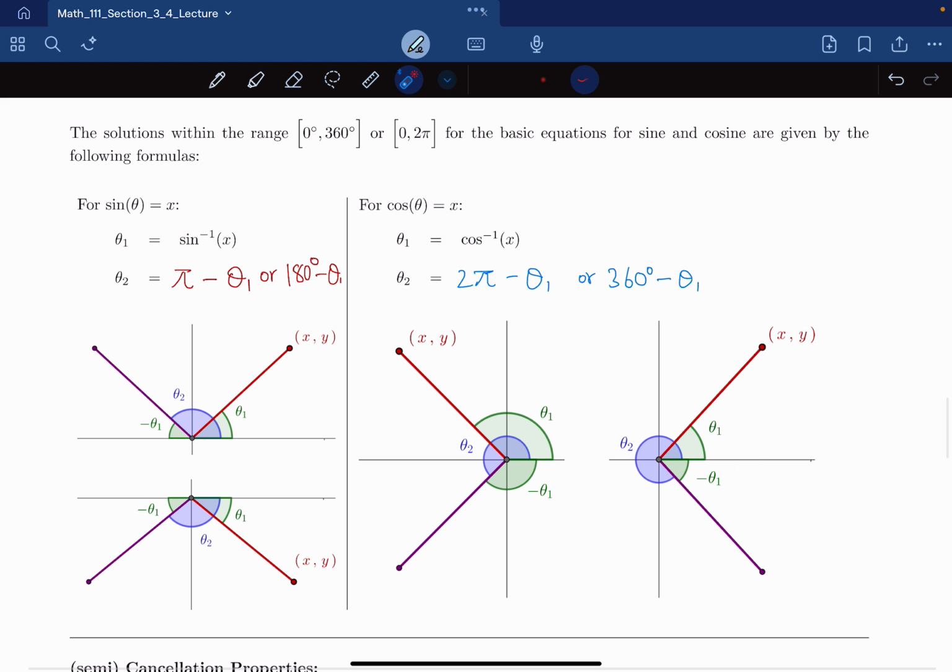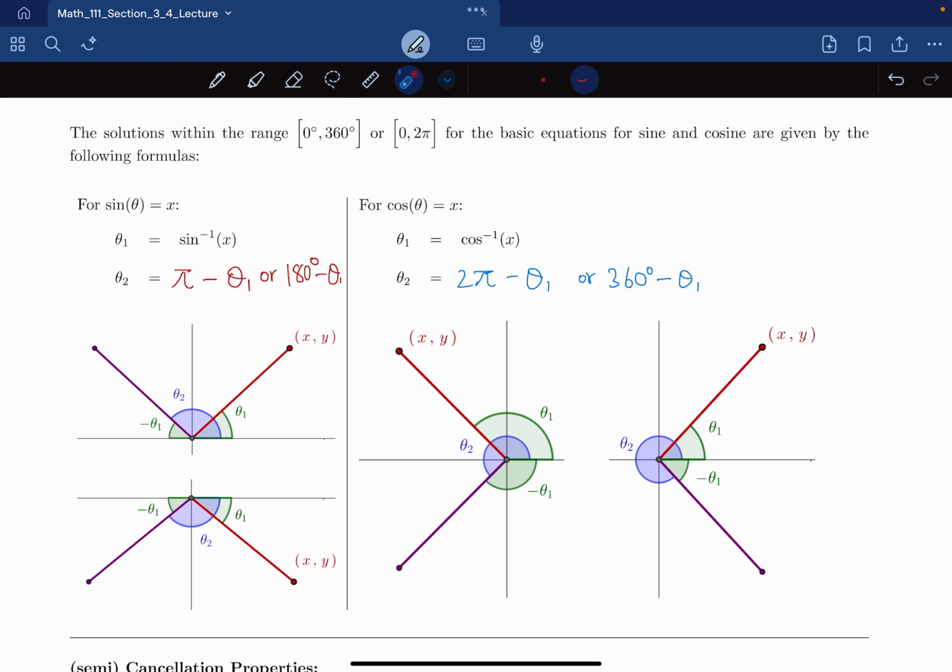Similarly, if theta 1 is all the way in quadrant 2, we can still just rotate from 360 degrees, rotate backwards, the same theta, hence negative theta 1, and that is going to get to our theta 2. So this formula does work for the corresponding range of the angles that we're working on.